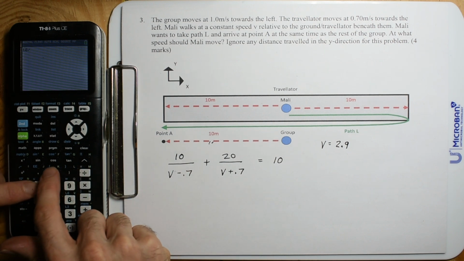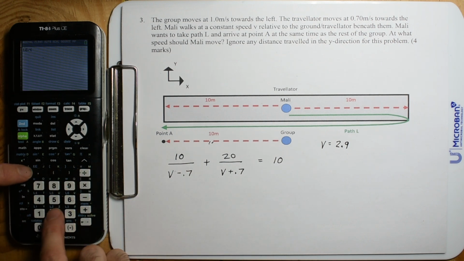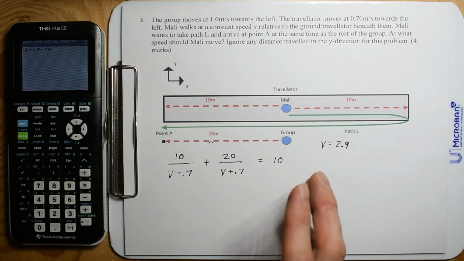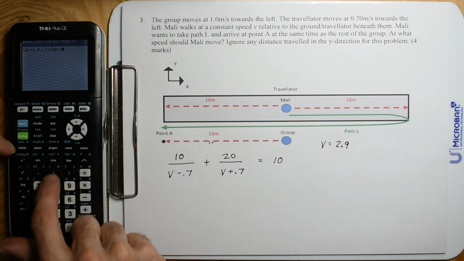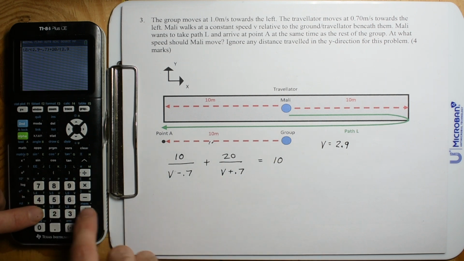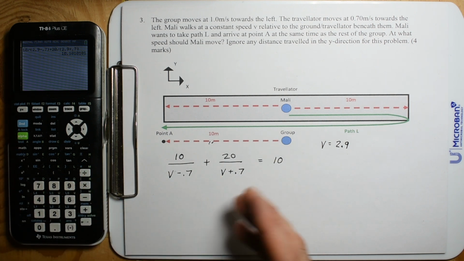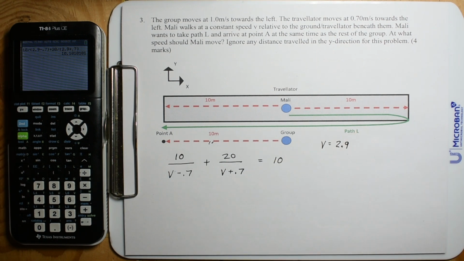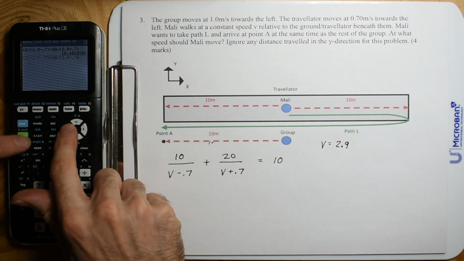I'm going to go 10 divided by 2.9 minus 0.7. I'm just doing this verbatim of how I solved this an hour ago. And then we've got Malachi's speed of 2.9 plus 0.7. And so now we got 10. And instead of writing this out a bunch of times and changing that velocity, we can just change the velocity in our calculator.